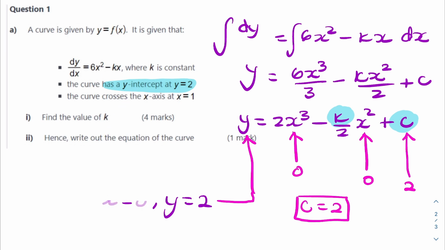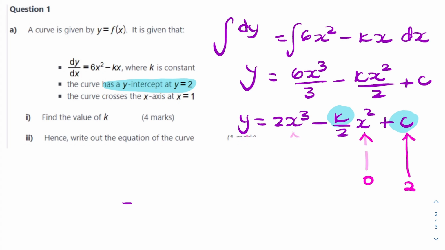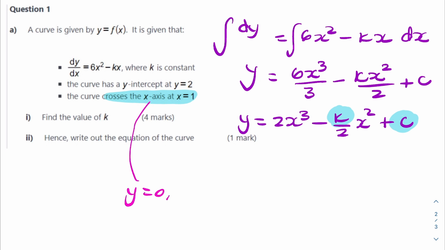We can now look at the second piece of information that we're given. The second piece of information says it cuts the x-axis. So the x-intercept is x equals 1. So that means when y equals 0, x equals 1.